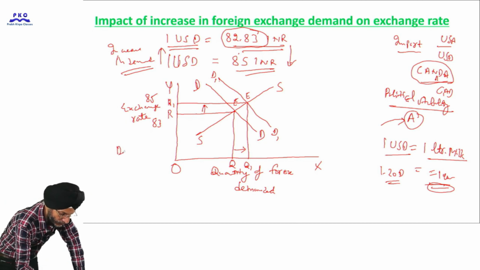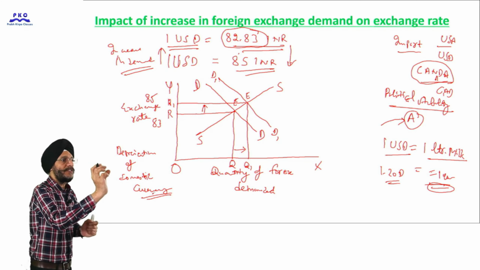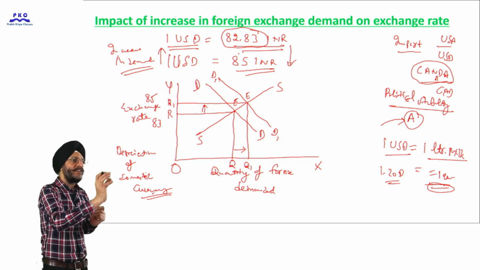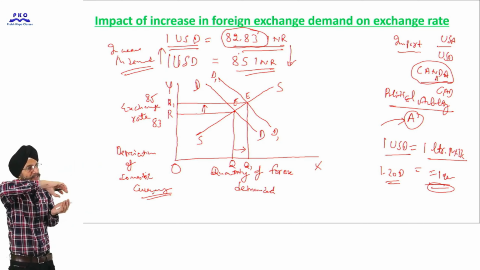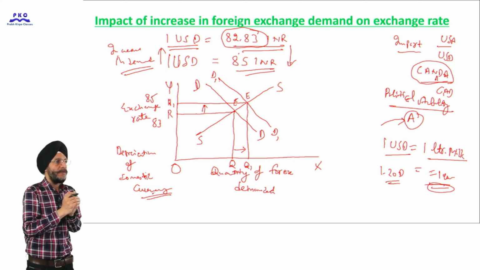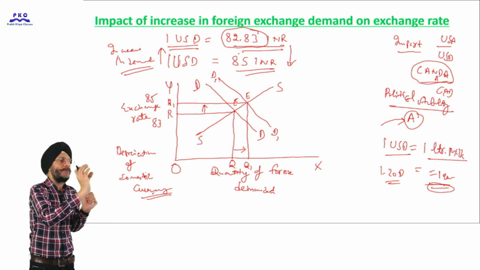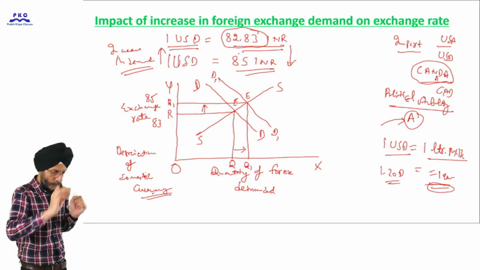It is depreciation of domestic currency. Because to get 1 US dollar, we were earlier paying only 83 rupees. Now, as the demand of US dollar has increased, we have to pay 85 rupees. On the other hand, the value of foreign currency has increased. There is appreciation of foreign currency.